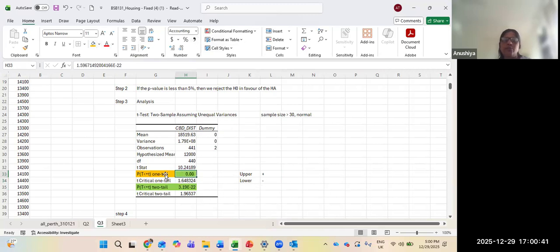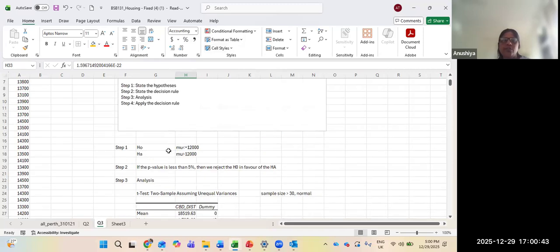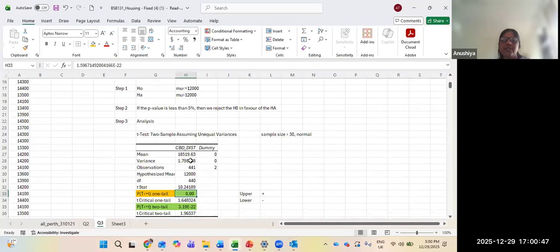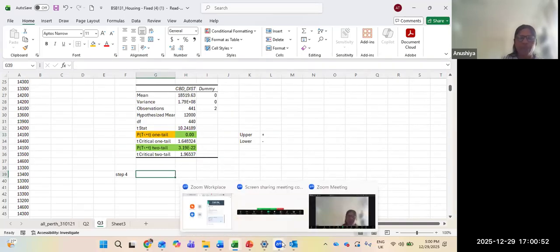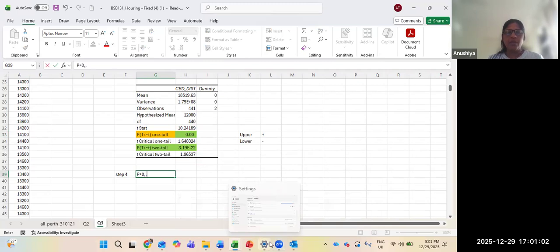We are using the one-tail test because our alternative hypothesis has the greater than sign. The p-value is approximately 0, which is less than the 0.05 level of significance.